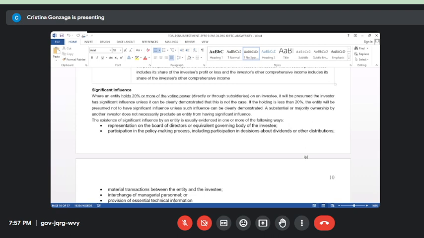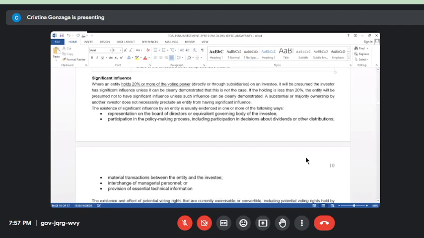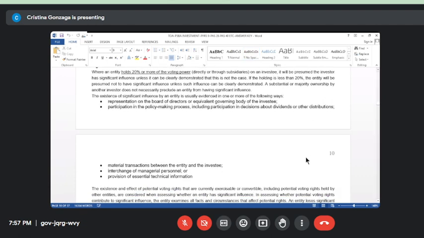Gets nyo? Or sabihin natin, may material transactions between the entity and the investee. Now, what that material transaction is depends upon the two parties. Ano ba, material ba talaga o hindi? Okay. Interchange of managerial personnel. Okay? So, provision of essential technical information.